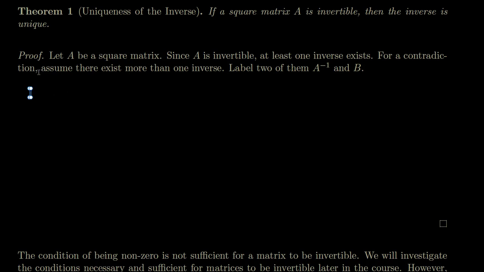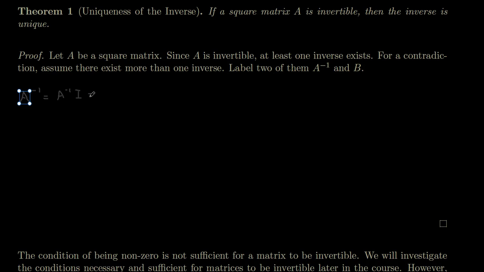So by virtue of A being invertible, we can start with A inverse, and we can just write it as A inverse times the identity, right? I mean, the identity satisfies that whenever you multiply anything times it, you're going to get that anything back.